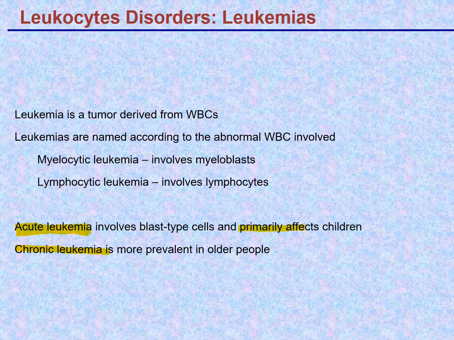They've been very successful at developing treatments for these kinds of acute leukemias, acute tumors involving white cells. The chronic leukemias are more prevalent in older people, are somewhat slower growing and less successful in treatment, but still they do have some success.